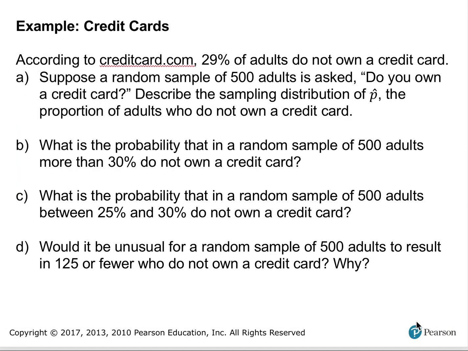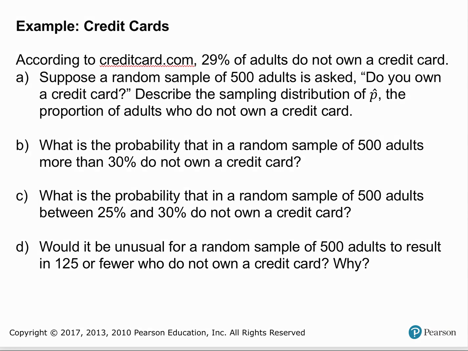Okay, let's do one more example. According to creditcard.com, 29% of adults do not own a credit card. Suppose a random sample of 500 adults is asked, do you own a credit card? Describe, once again it's just saying describe the sampling distribution of p hat, the proportion of adults who do not own a credit card.